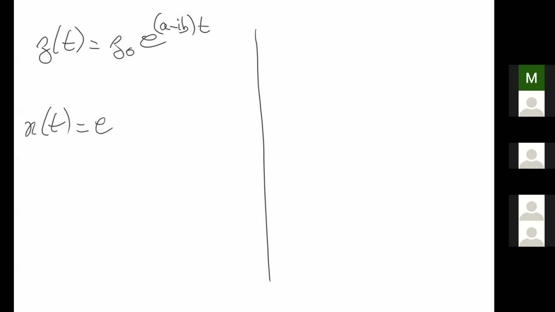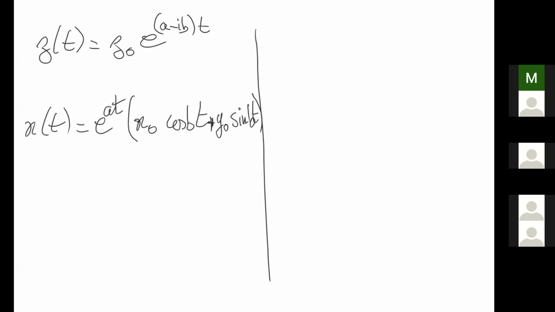So I can put exponential at in front, and this is x0 cos bt minus y0 times sine of minus bt, which makes here a plus.